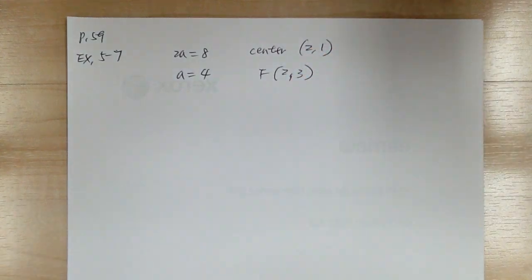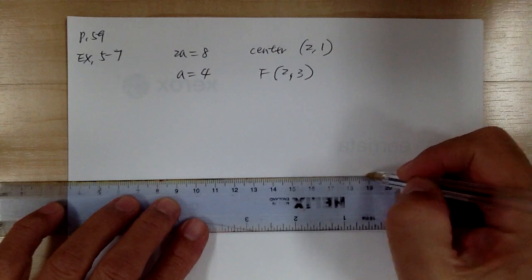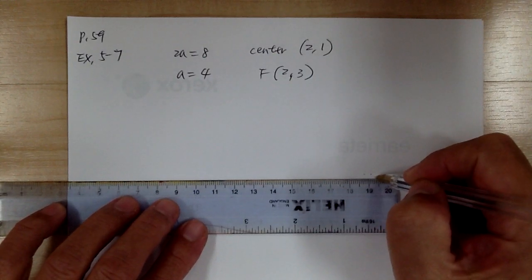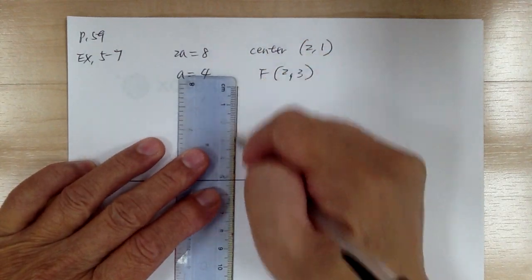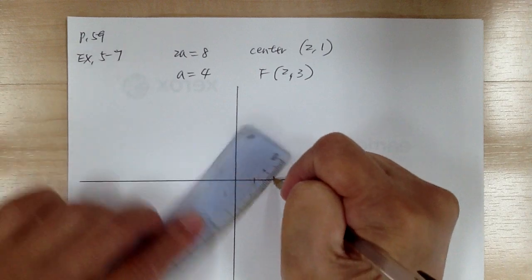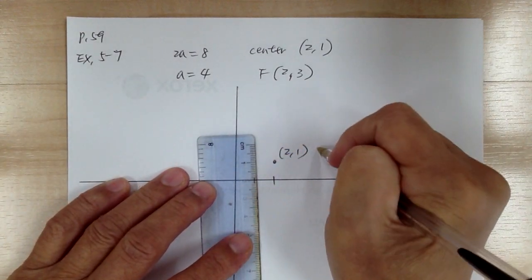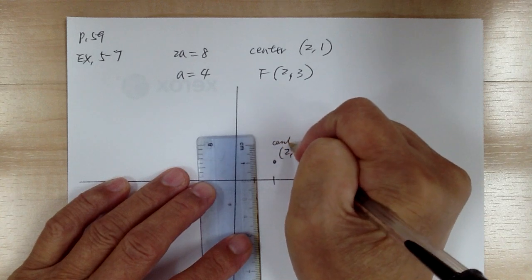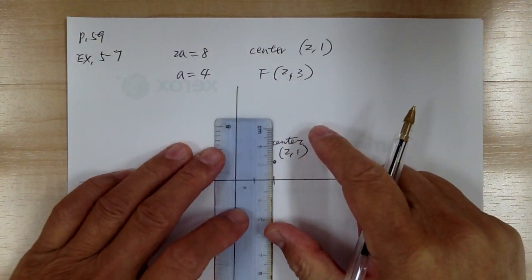Okay. Again, the best way to do the conic section is to sketch it out. Once you have a picture that you can see, it will make things very easy and very obvious. Okay, center is at (2, 1). And focus is at (2, 3).